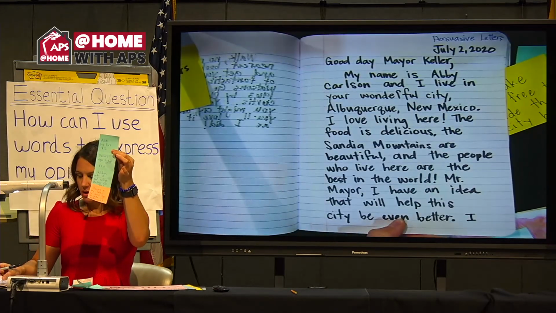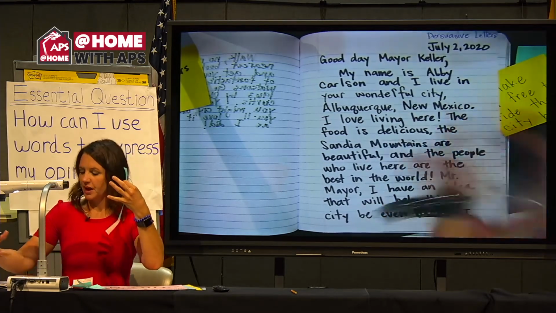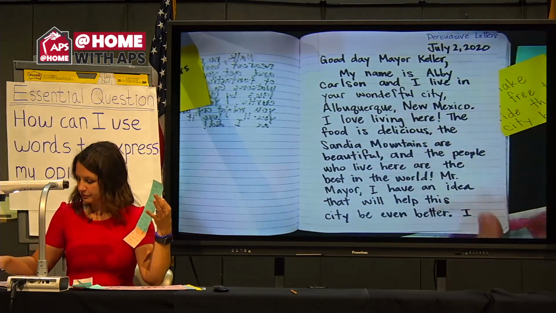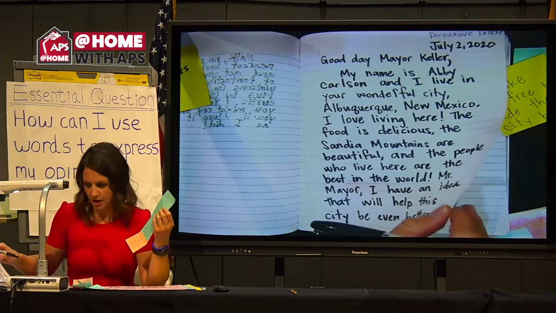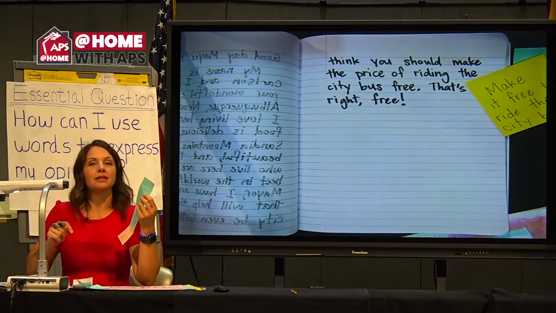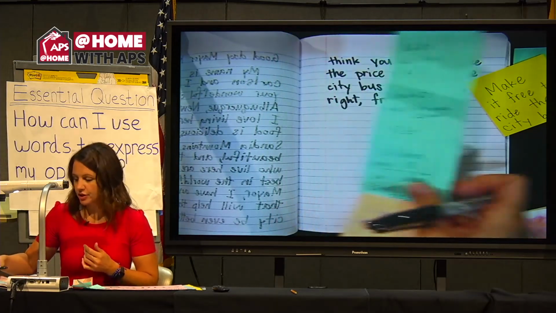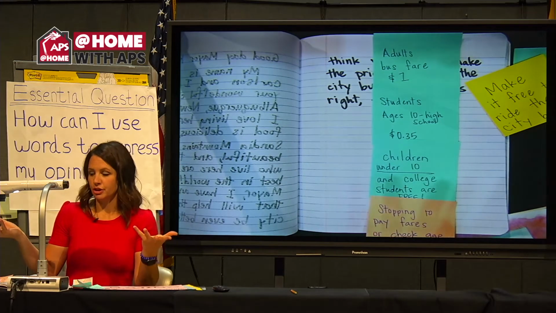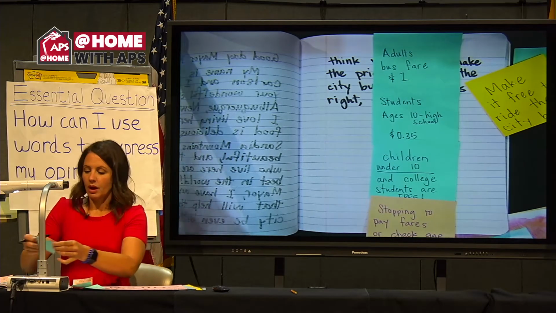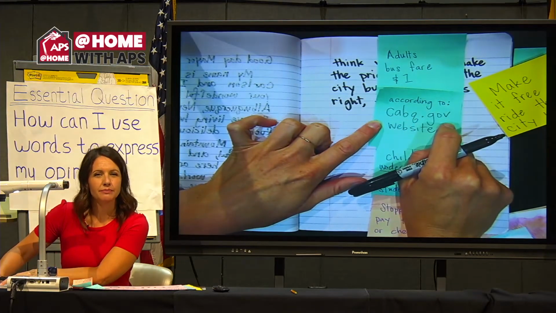So, I gave my first paragraph, where I address the mayor, I compliment the mayor, and then I give my opinion. I think the city bus should be free. I did some research. It's important to do your research. I went on the cabq.gov website.